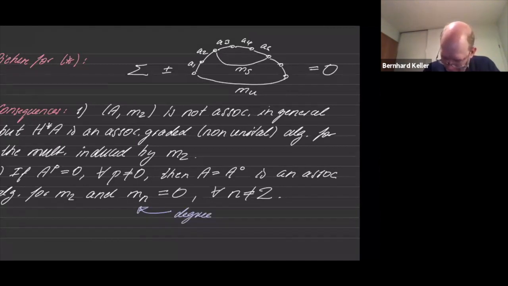So for degree reasons, it has to vanish for n equals 1, then it would be of degree 1, but there's nothing in degree 1 in A. And for n greater or equal to 3, it has to vanish because A has no non-zero components in negative degrees.